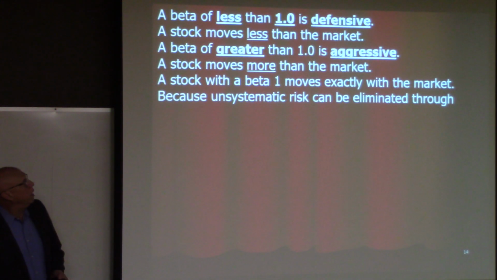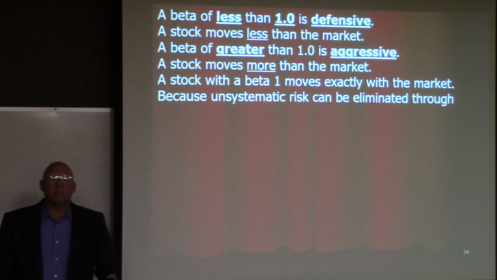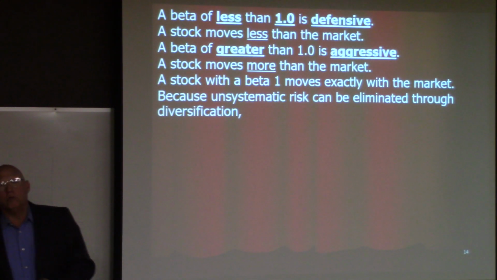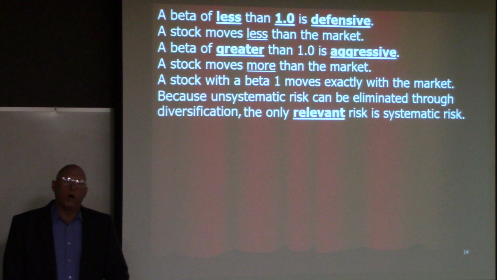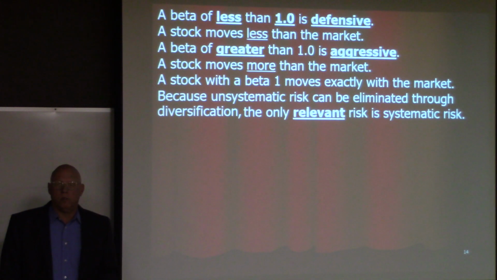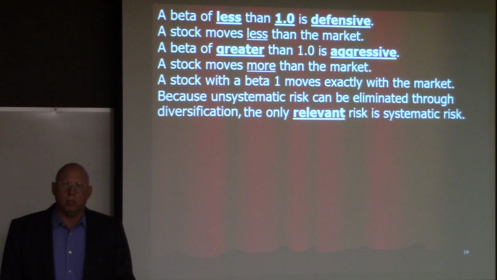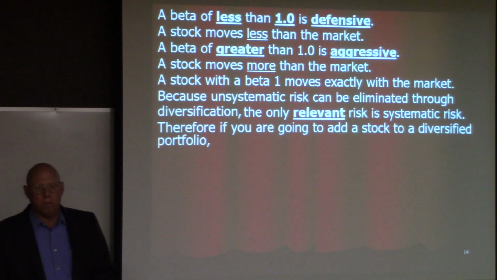Because unsystematic risk, which is company-specific risk, can be eliminated through diversification, the only relevant risk when you are thinking about putting a stock into an already diversified portfolio is the systematic risk, which is beta.